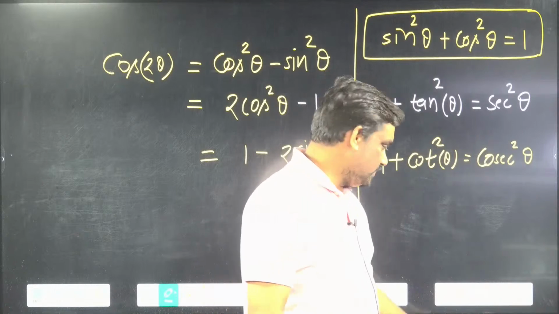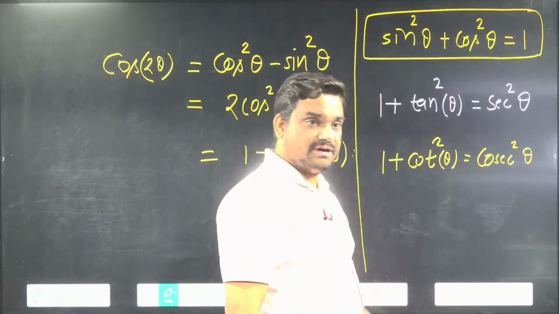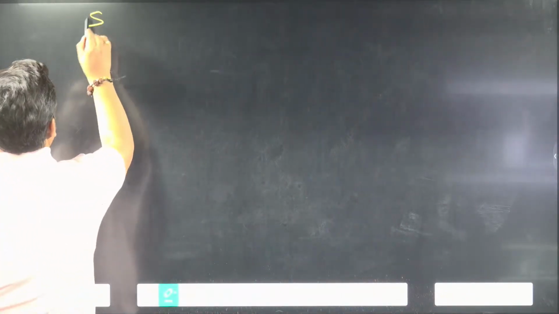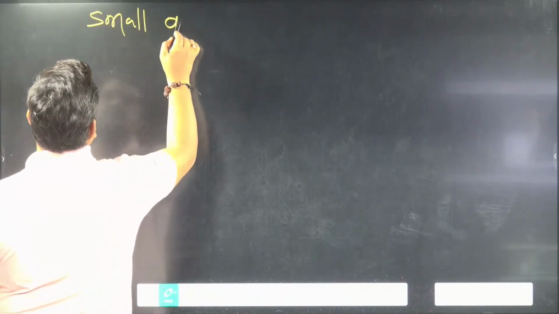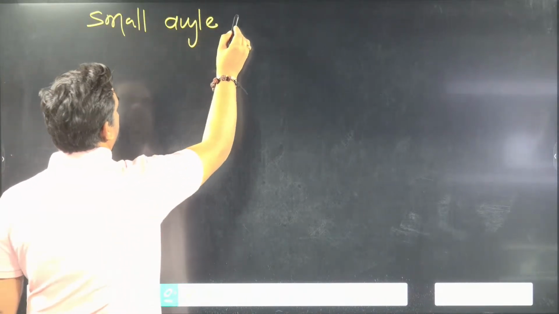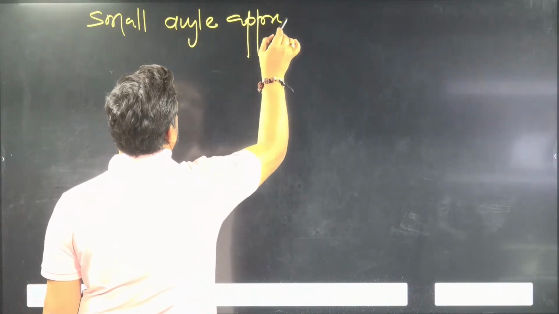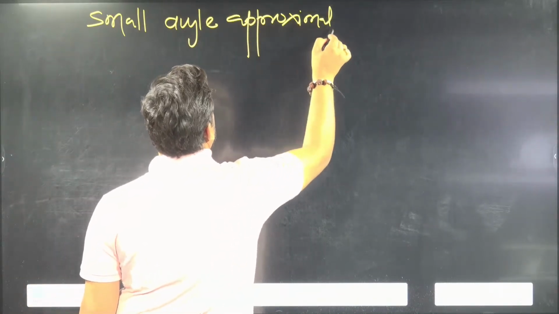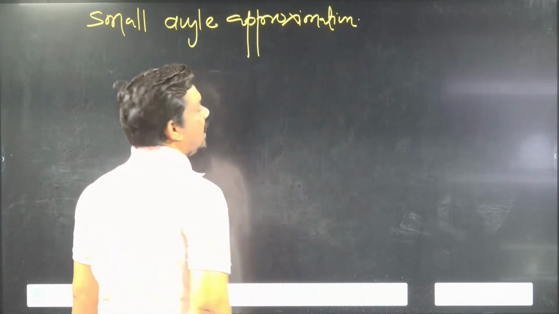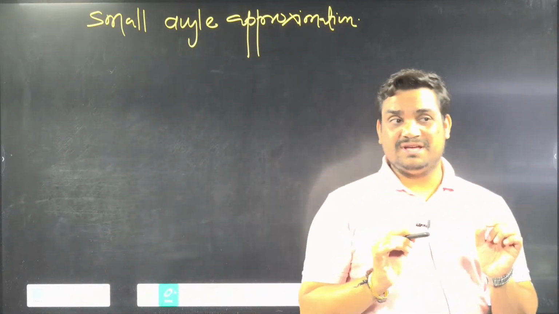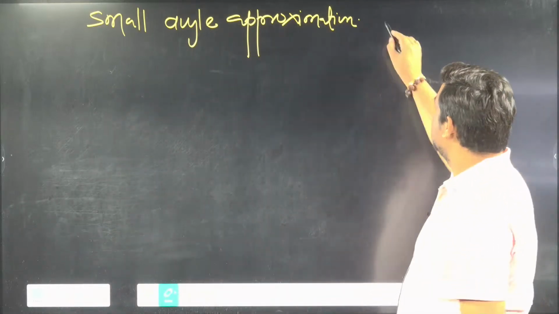So right now, I will move forward and write here: small angle approximation. And what angle we consider as small, that is up to 10 degrees.